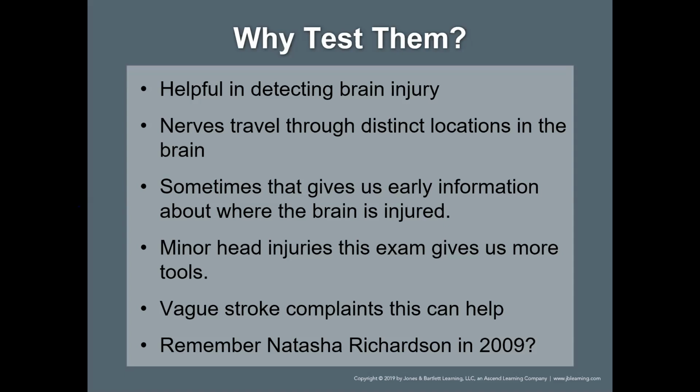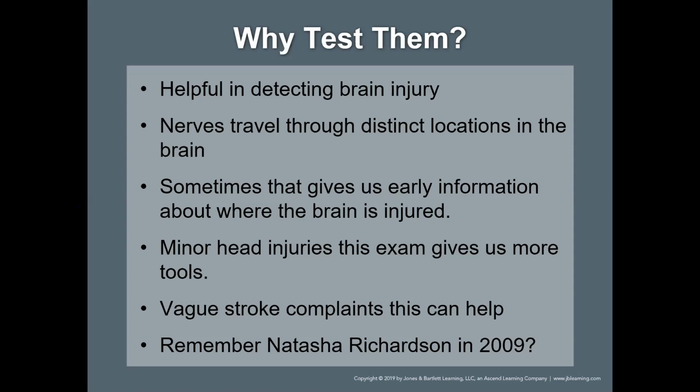I'm not saying that doing a cranial nerve assessment would have helped, but they might have found something odd, or something was just wrong, or didn't sit right, and they could have maybe talked her into going, and she would have gotten a CAT scan and been okay.